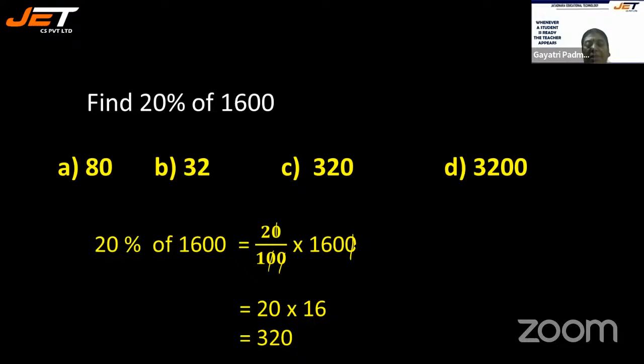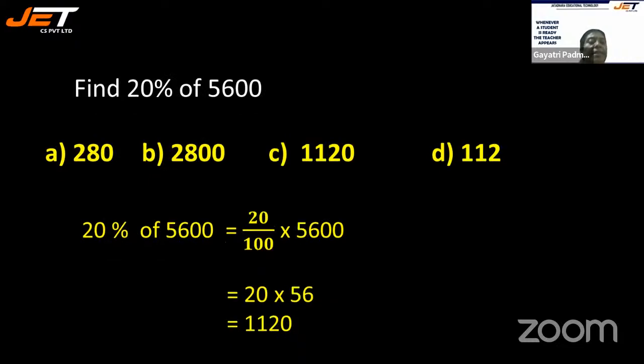In other words, 20 into 16, 320 is the correct one. So it is option 3. If you are able to get option 3, that is 320, as your answer, then your answer is perfect.